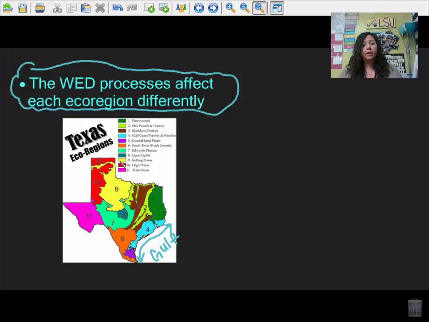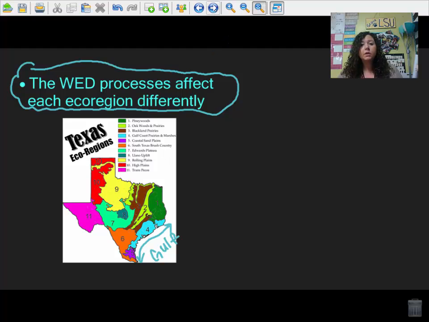So the WED processes affect each ecoregion in a different way, which can then affect the vegetation that's there. It can affect the landforms and the shape of the land that is there. And that is what we are going to continue to talk about for the rest of this week in class.